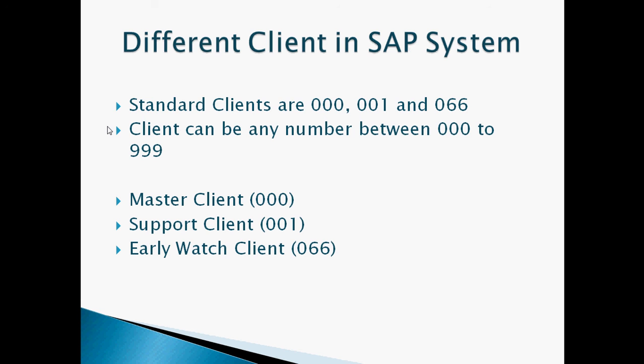In simple terms, it is like support for you. The standard users are SAP star and DDIC, and the passwords are standard passwords, that is 06071992 and 19920607 for both the users.